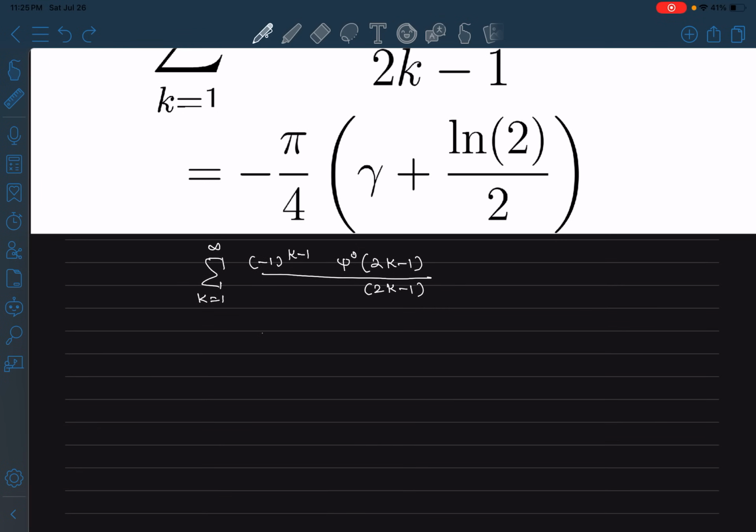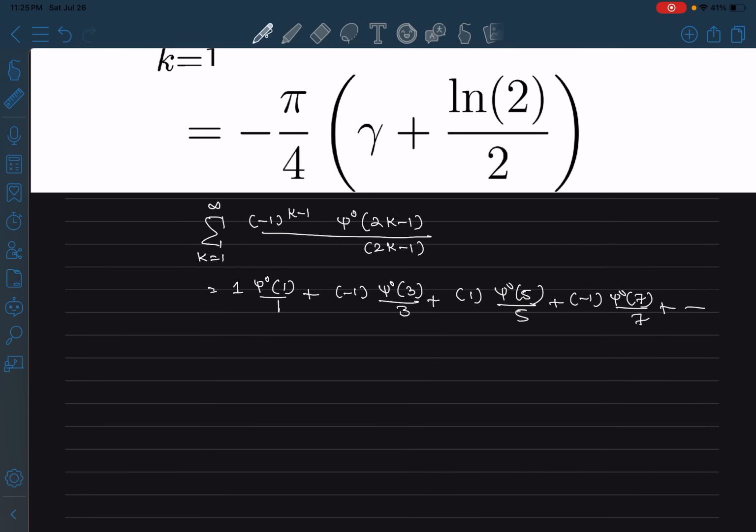This thing is, first of all, positive 1 with digamma of 1 over 1, and then negative 1 with digamma of 3 over 3, and then positive 1 with digamma of 5 over 5, minus 1 with digamma of 7 over 7. Okay, so this is the sum.